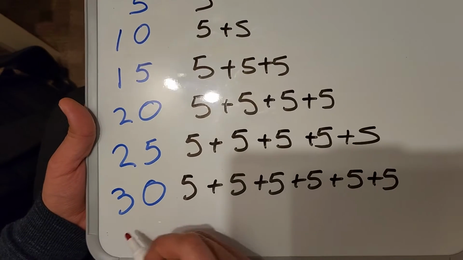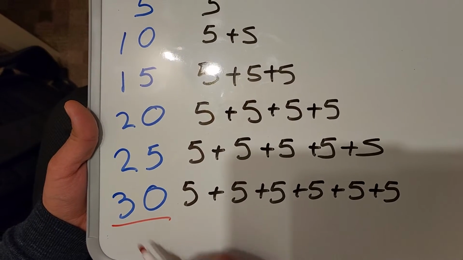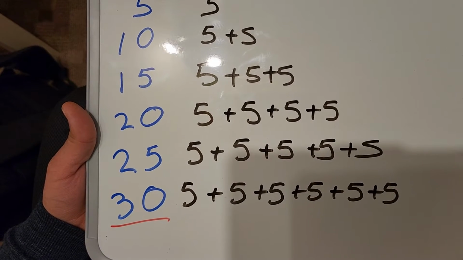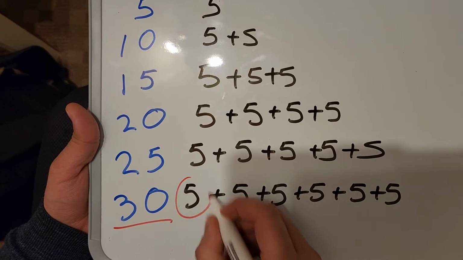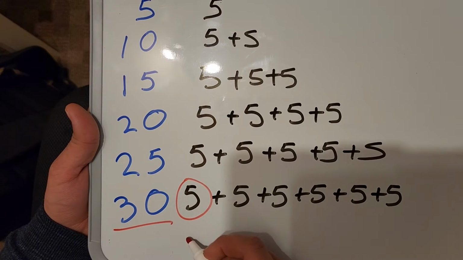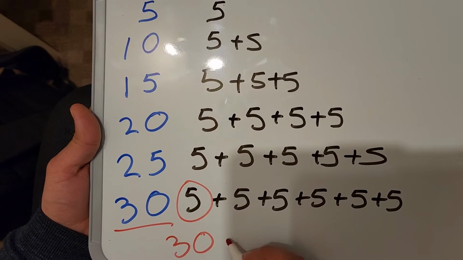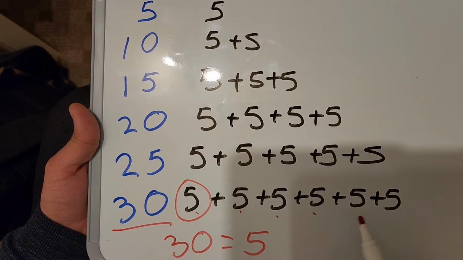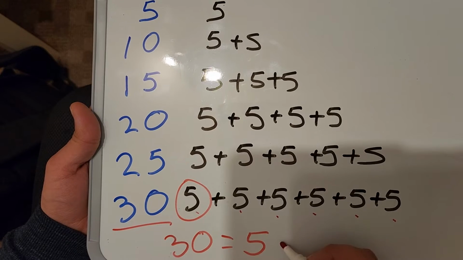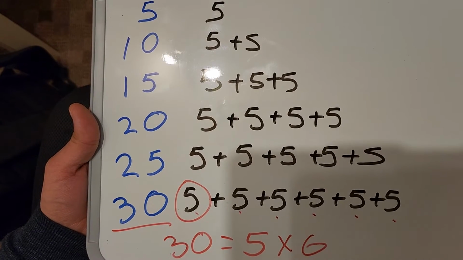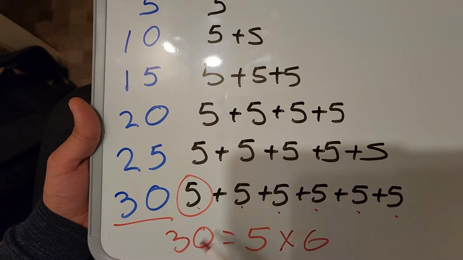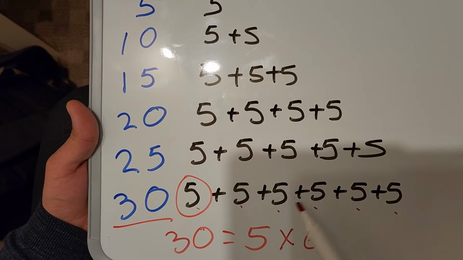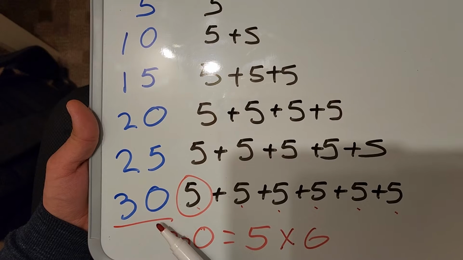So when we look at a number like 30, what we can say is 30 has several factors. And we know that one of the factors is the number 5. So 30 has factors of 5. Well, how many times? 1, 2, 3, 4, 5 and 6. So we say 5 times 6. So here we can see that 5 acts as a building block to get to the number 30.